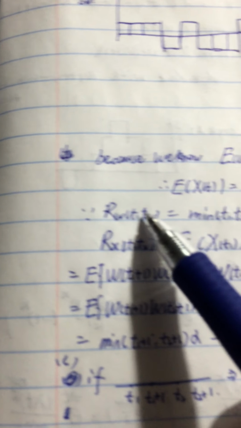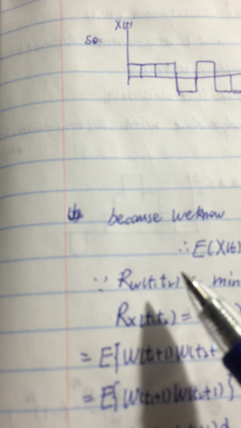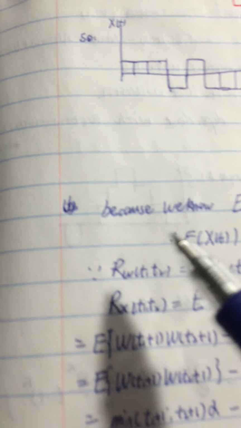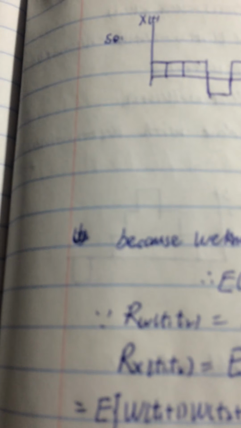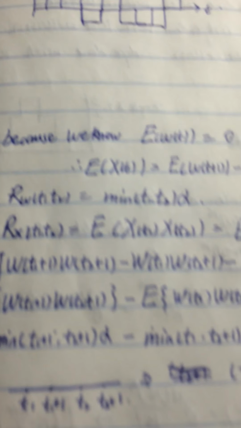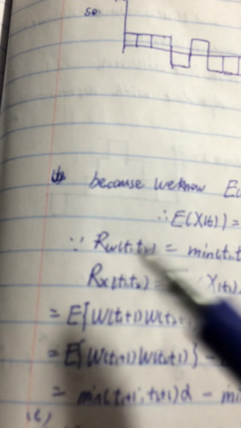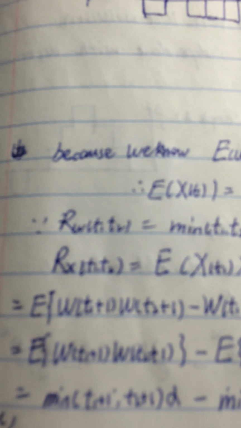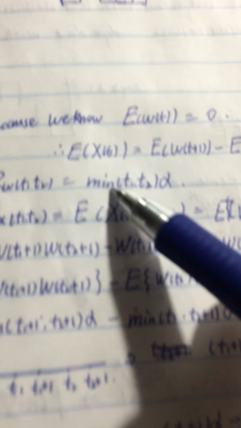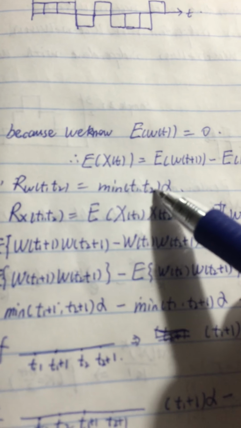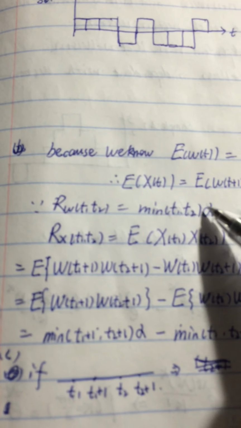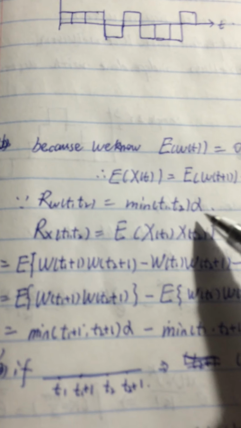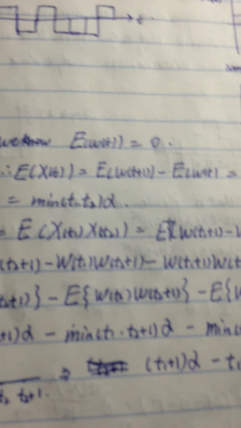And here I will find the autocorrelation R(t1, t2). Because we know the Wiener process's autocorrelation is min(t1, t2) plus or minus alpha, where alpha is a constant, we don't care.